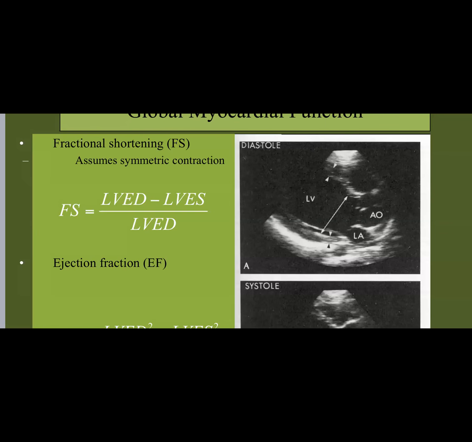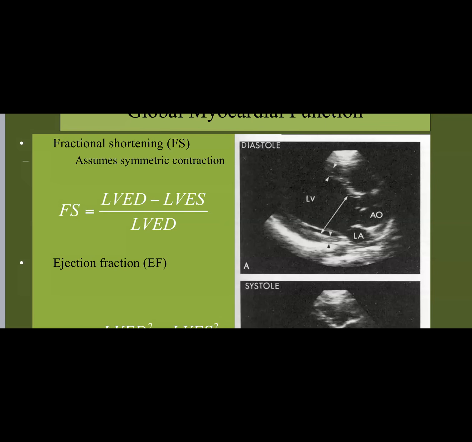Now, this fractional shortening might be okay if you are dealing with normal and global hypokinesis. But if you are dealing with regional wall motion abnormality, it won't be accurate, because the way you are taking the measurement might not represent the other segments.